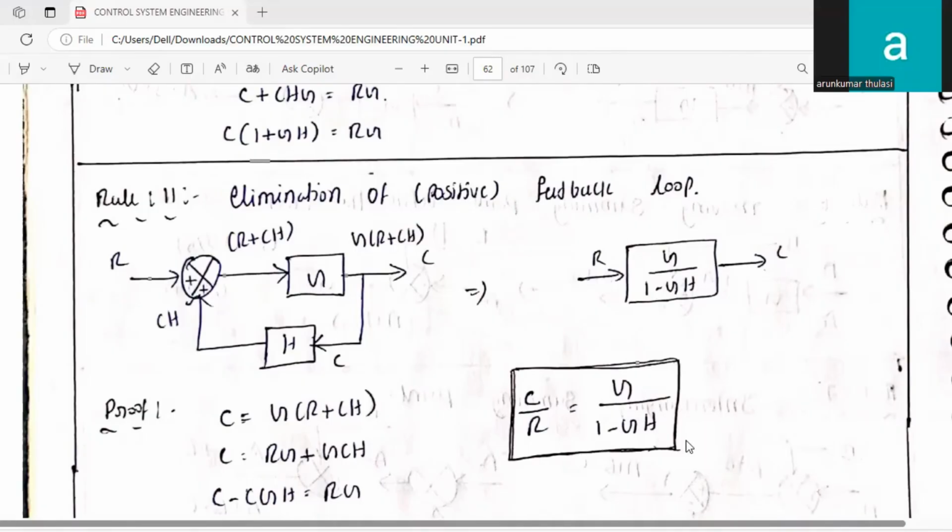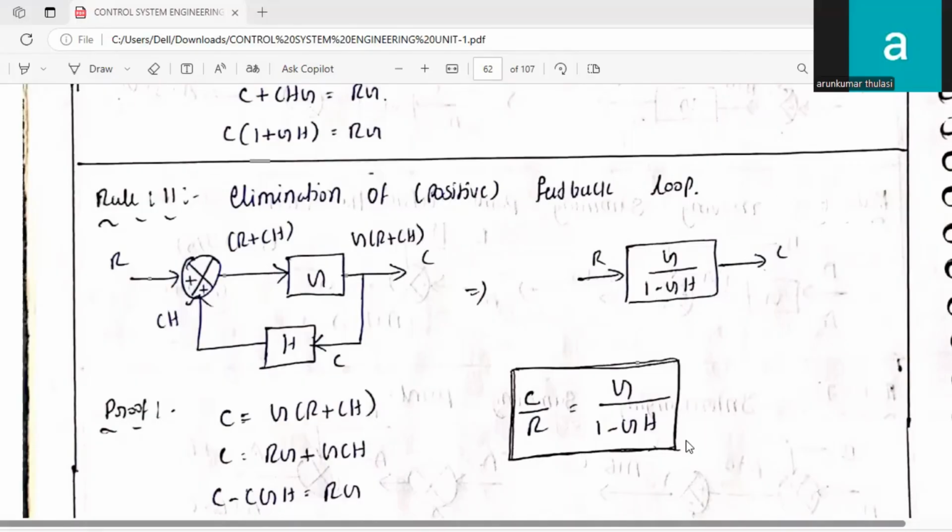So these are the 11 rules we need to follow while reducing a block diagram. These rules are not mandatory to apply to every diagram. Some rules need to be applied, some do not, but we have to be clear about which rule is applicable first and which next, because the diagram has to be reduced to the transfer function as soon as possible.